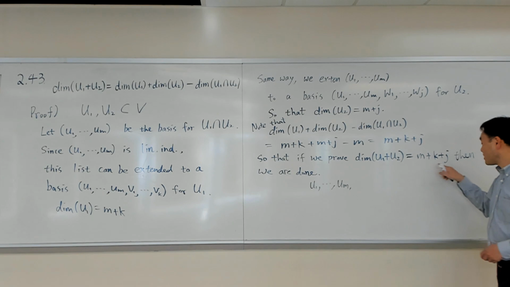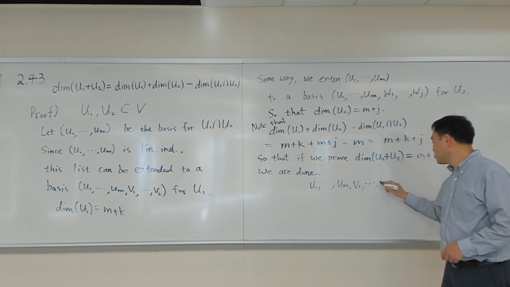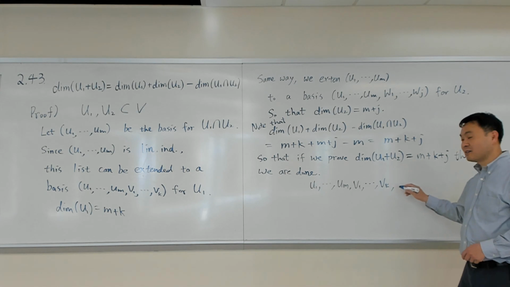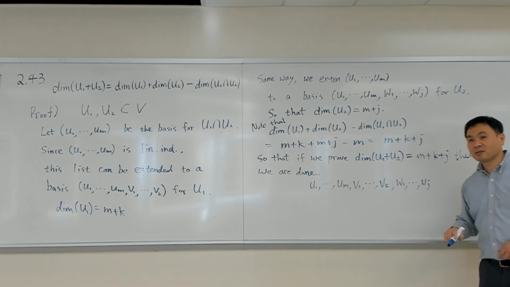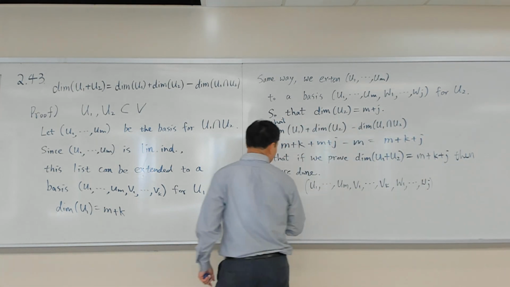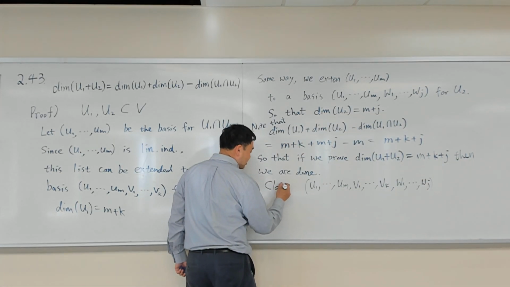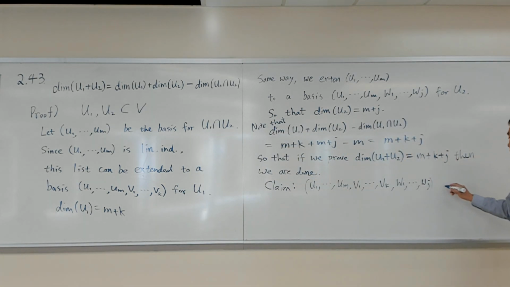What's a list that's length k? v1 through vk. And then w1 through wj. So what are we trying to say? Claim: this is a basis.